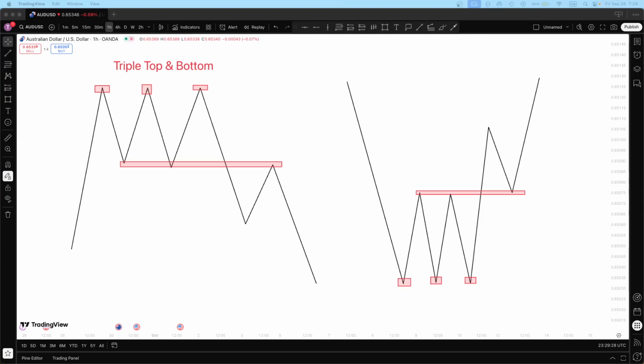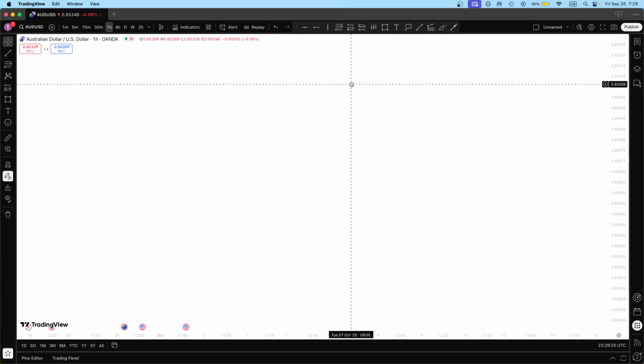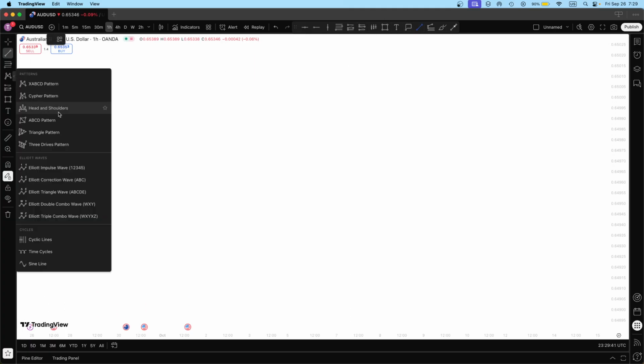Okay, and then the last one is head and shoulders. This is also everywhere people see, and even in TradingView you have this head and shoulders pattern.